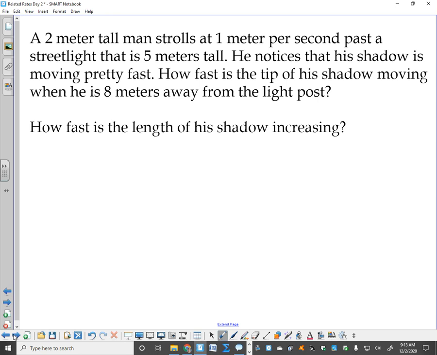Okay, so we have a street light that is 5 meters tall, and I have a man who is 2 meters tall. Just to get my triangle.